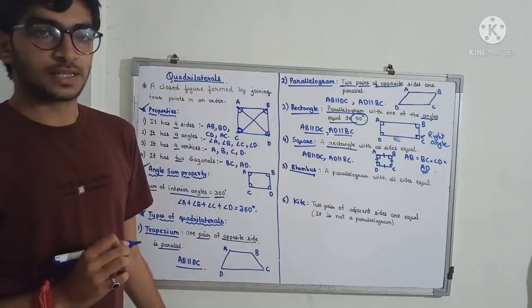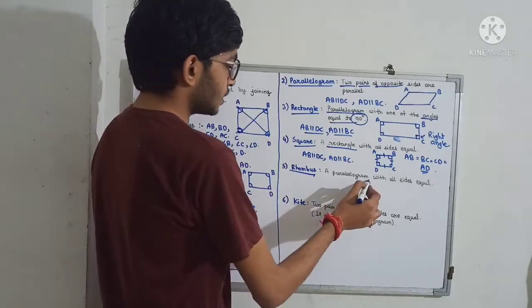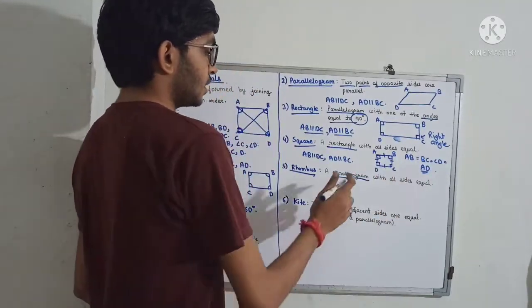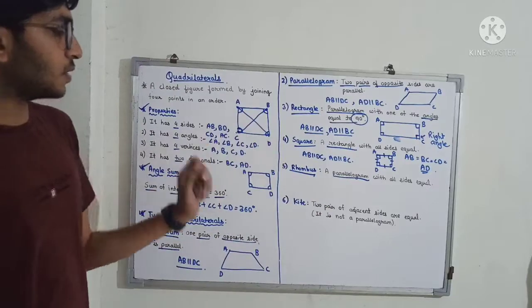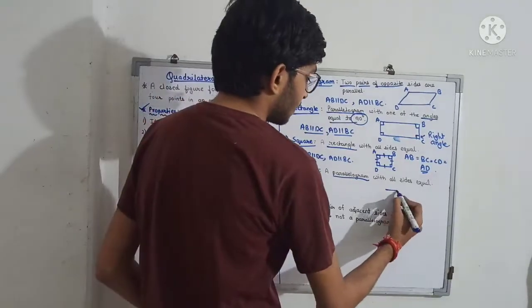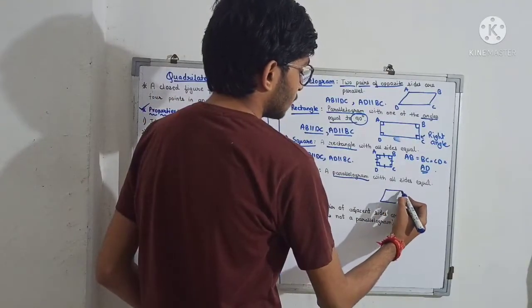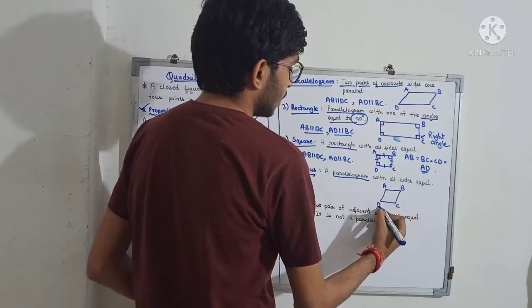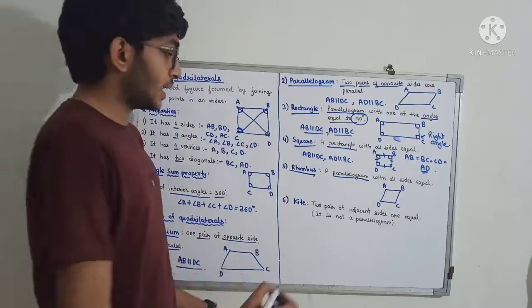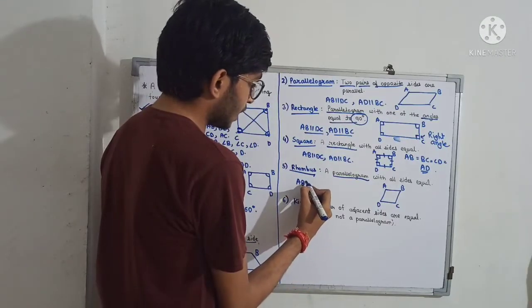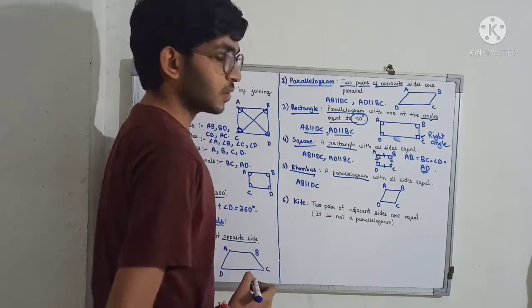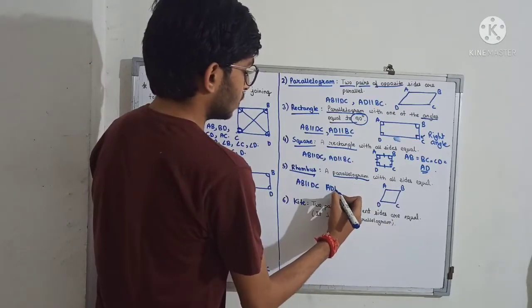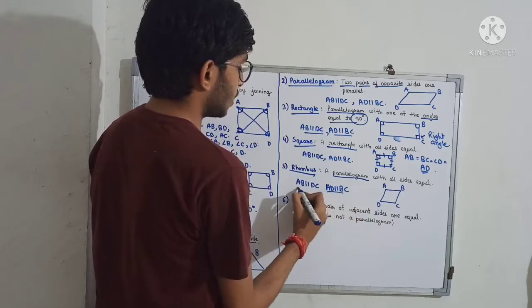Next comes a rhombus. A rhombus is a parallelogram with all sides equal. Now there is a difference between a square and a rhombus, which we will discuss later. If I make this figure A, B, C and D, I can see that AB is parallel to DC and AD is parallel to BC, so it becomes a parallelogram.